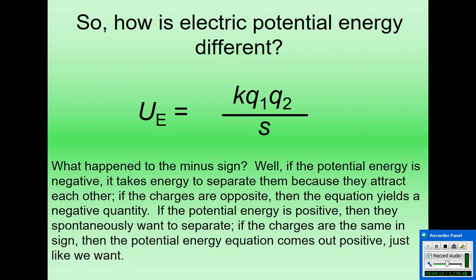That just means that they want to be pushed away from each other, that this potential energy wants to be converted into kinetic energy. So it's all self-consistent. Negative potential energy means that they attract each other. Positive potential energy means that they repel each other.